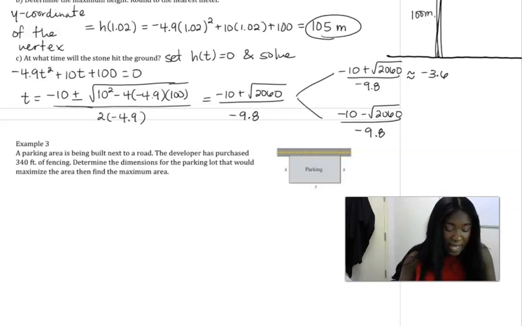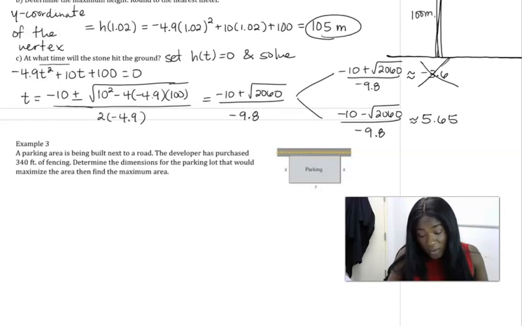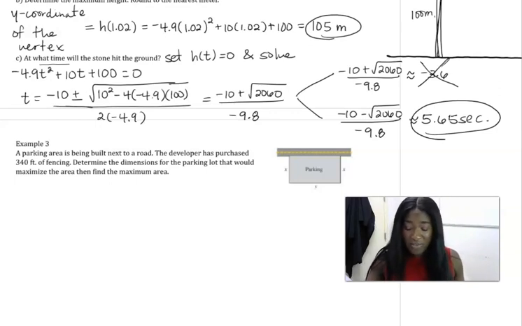And then if I take negative 10 and subtract the square root of 2060, and then divide all of that by negative 9.8, that gives me about a positive 5.65. Now remember that we are looking for when the stone will hit the ground, so our answer can certainly not be negative, since our answer is going to be in seconds, a time. So our answer is the stone will hit the ground at about 5.65 seconds.